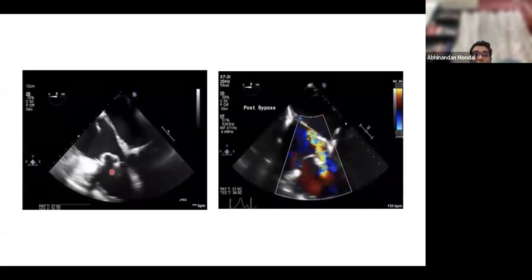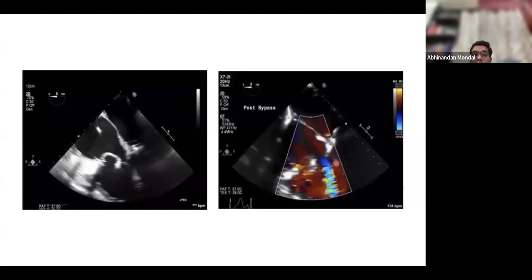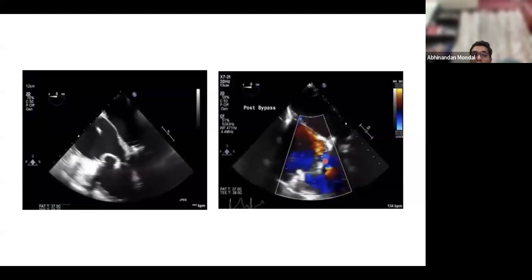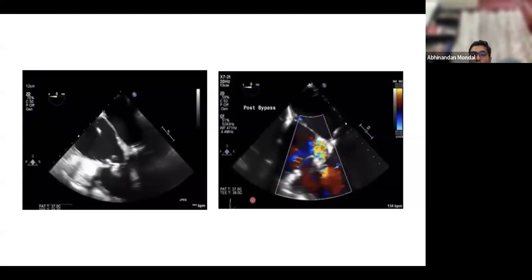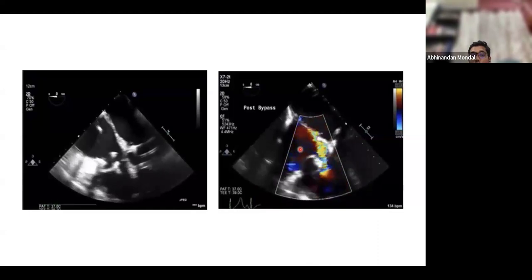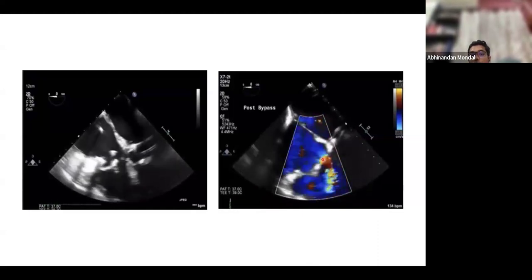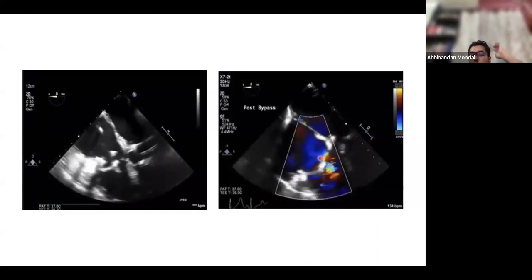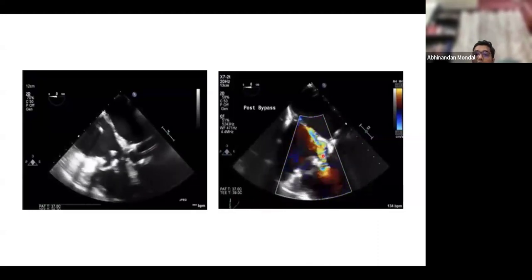Now this is a post-operative post-CPB image. You can see over here the surgeon has repaired it, but there is still residual TR. And if you freeze the image, you can see there is a formation of PISA during your tricuspid valve inflow.